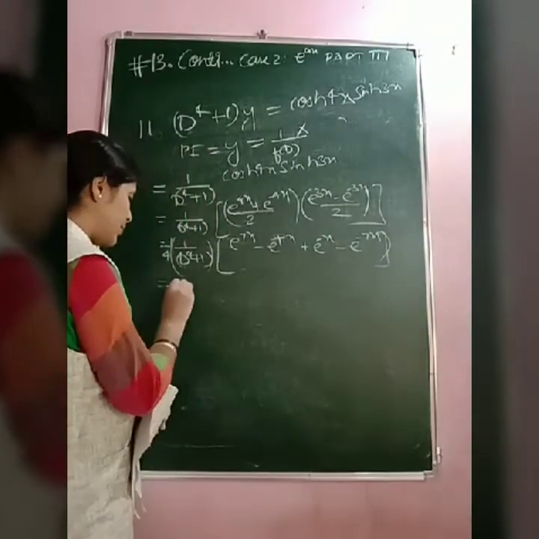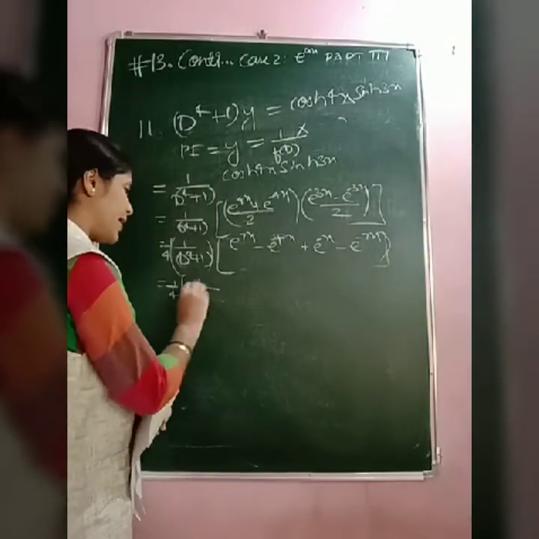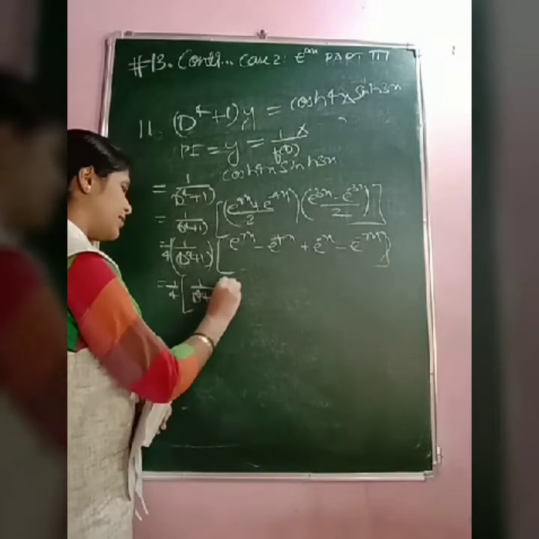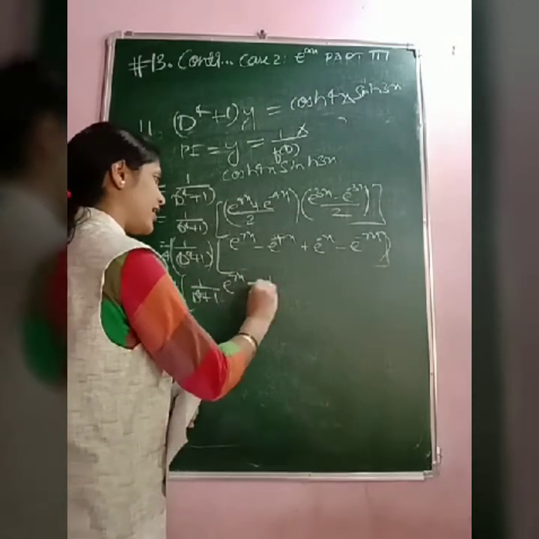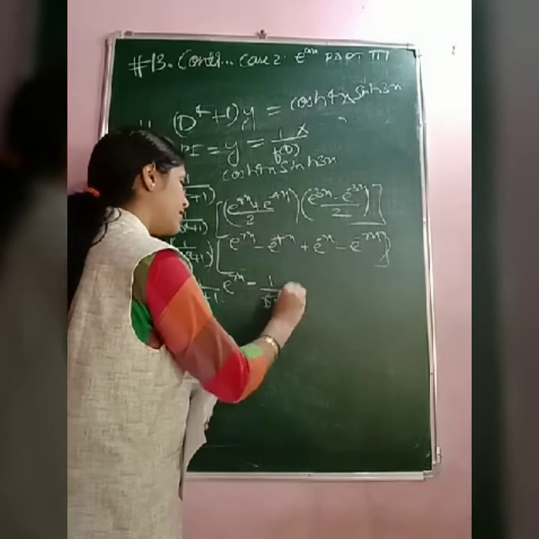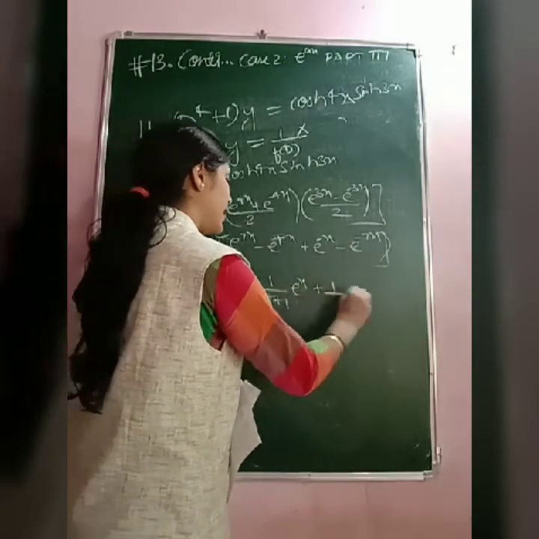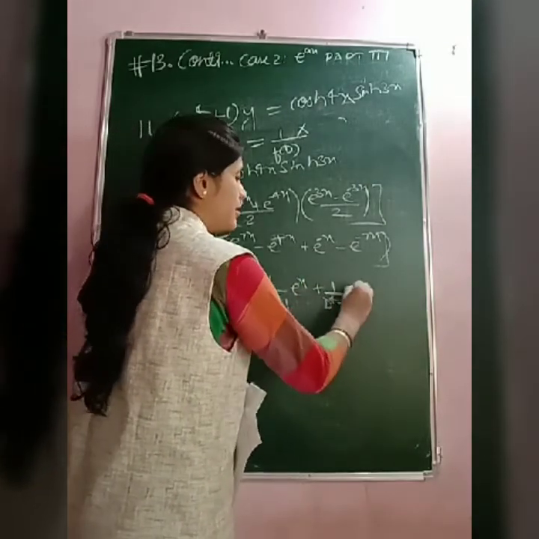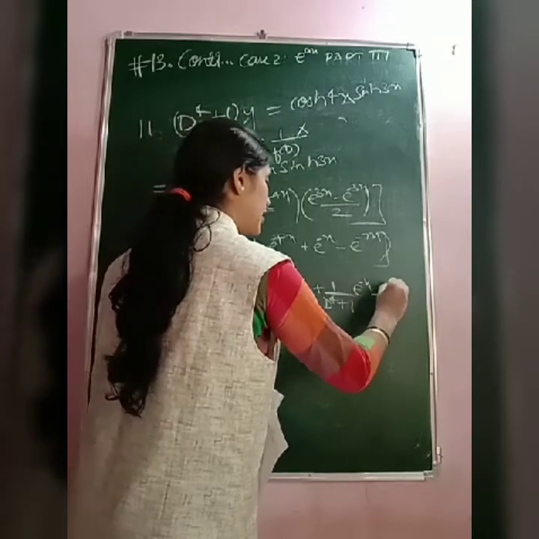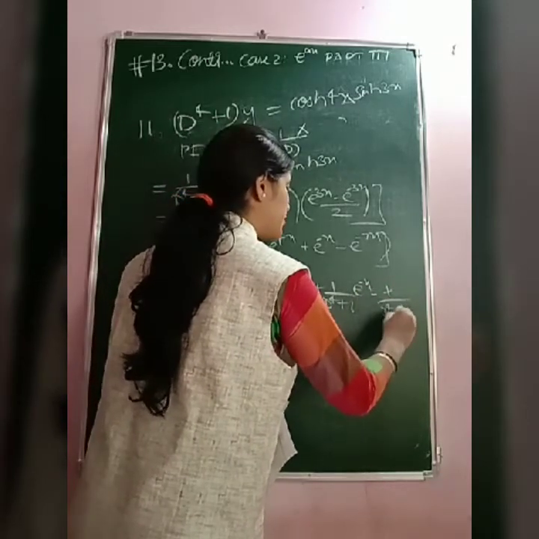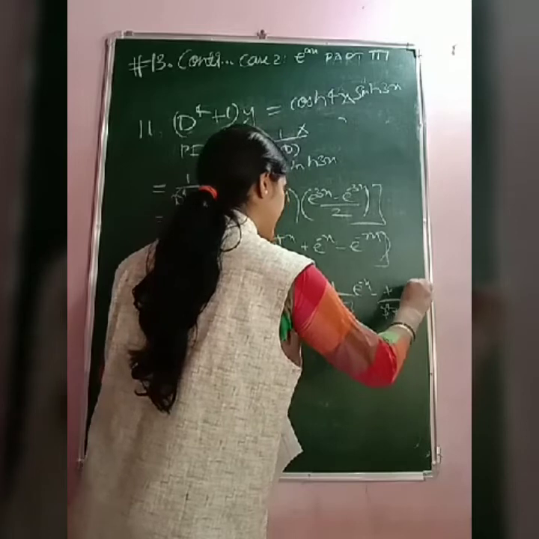So that gives 1/4 outside: 1/(D⁴ + 1) e^(7x) − 1/(D⁴ + 1) e^(x) + 1/(D⁴ + 1) e^(−x) − 1/(D⁴ + 1) e^(−7x).